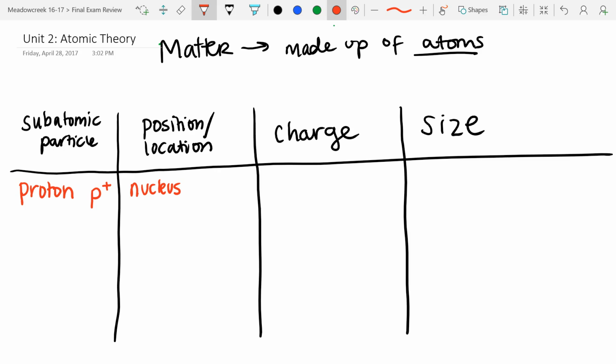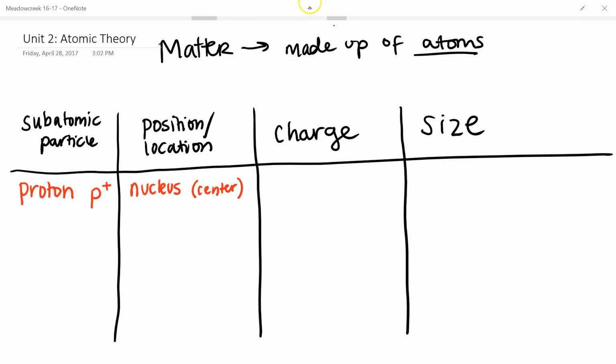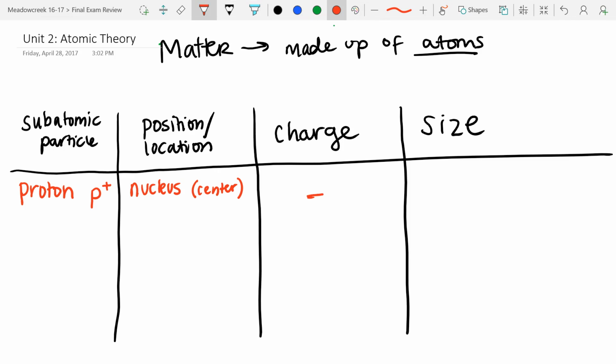Yes, we use it in both chemistry and in biology, but in chemistry, the nucleus is at the center of the atom. So the proton has a positive 1 charge, so it's positive, and its size is 1 AMU.